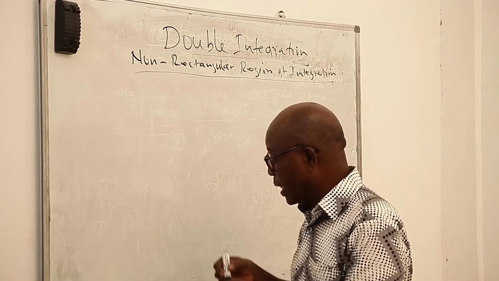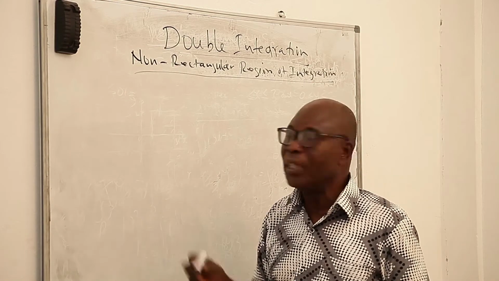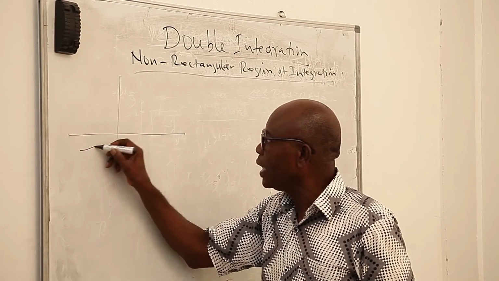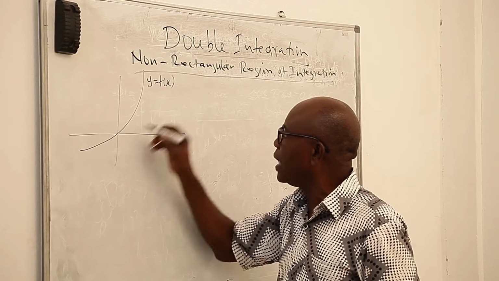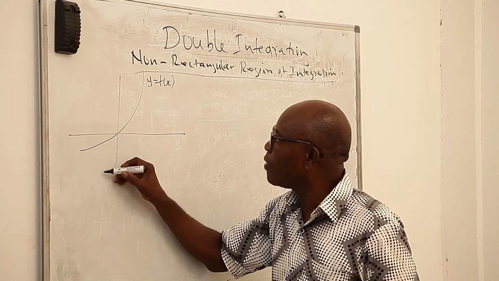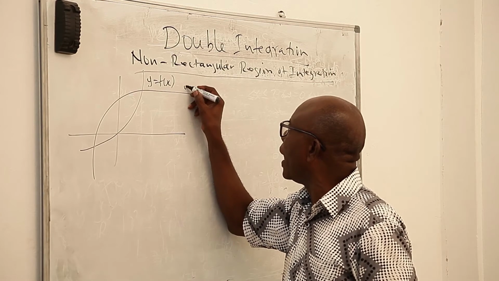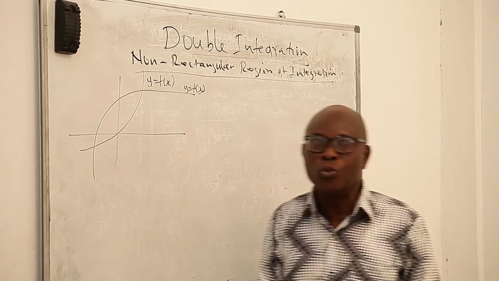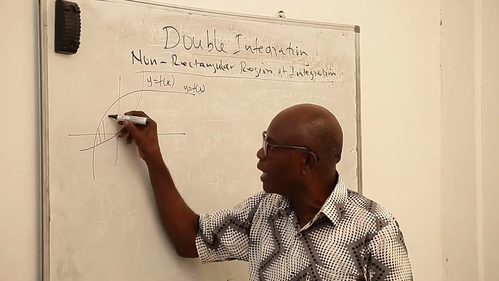In this case, we can have a curve, let's say y equal to f of x, and then another curve which is y equal to g of x. Where these two curves meet, they form the region of integration.